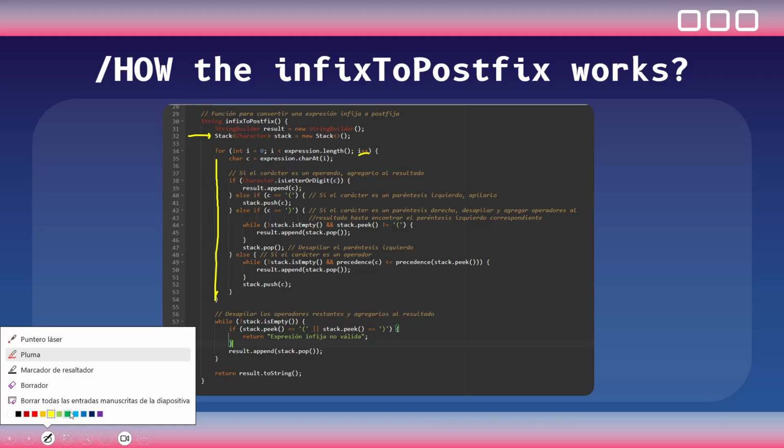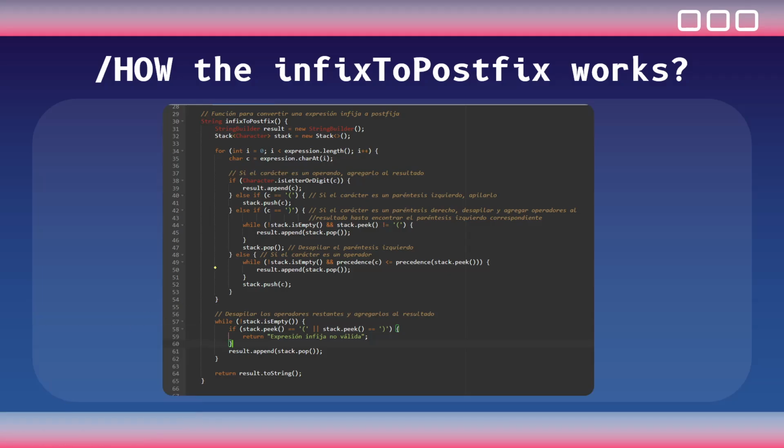Excellent. So every cycle will have a char. Why? Because in every cycle the expression will evaluate every character in our expression. Now we'll proceed to evaluate and do the verification necessary to express our expression in postfix.